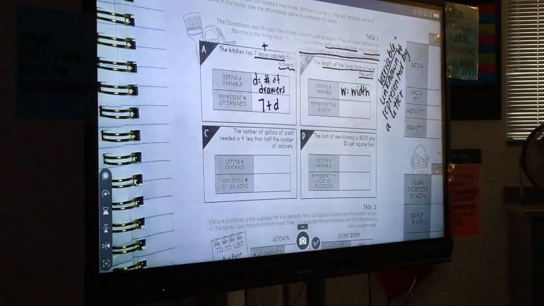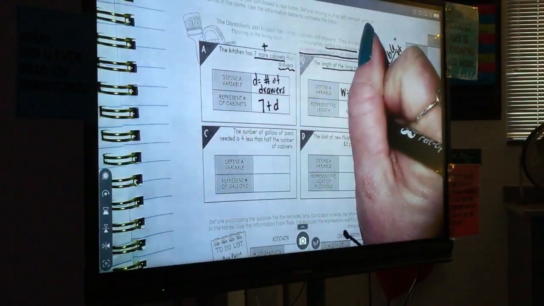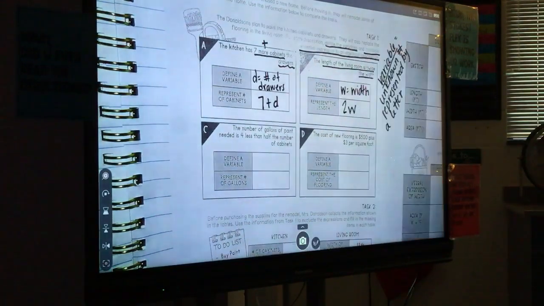It's telling us we just have to put it into numbers. Samantha. W times 2. Close. We're going to do 2W because it's just twice the width.